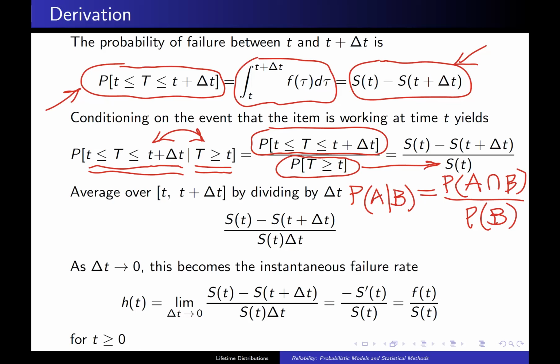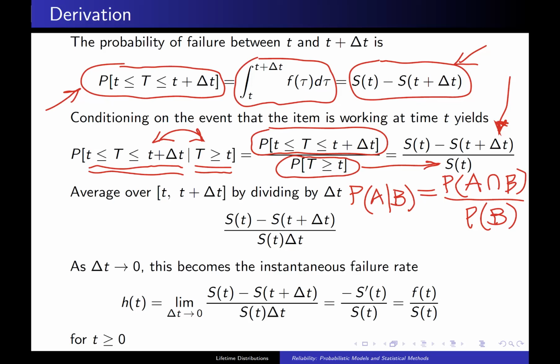Now this expression depends on what you choose for delta t. For example, if the item happens to be a light bulb and you choose delta t equals 5 hours, that will give you a different conditional probability than if you choose delta t to be 10 hours.